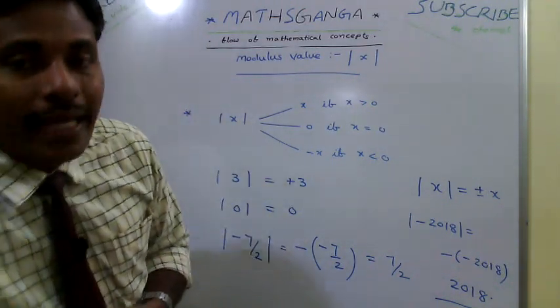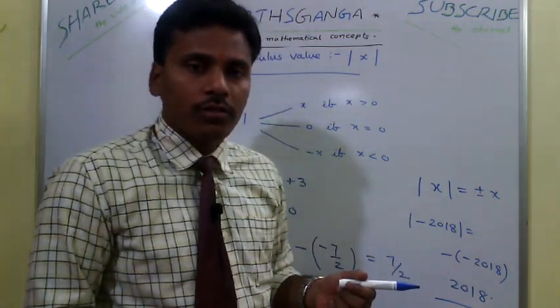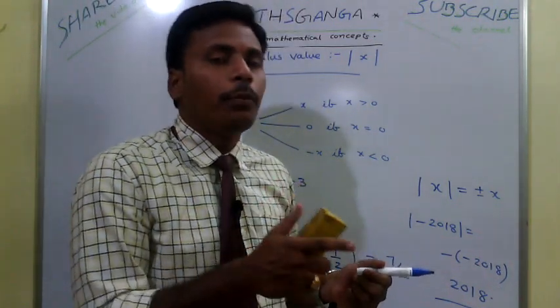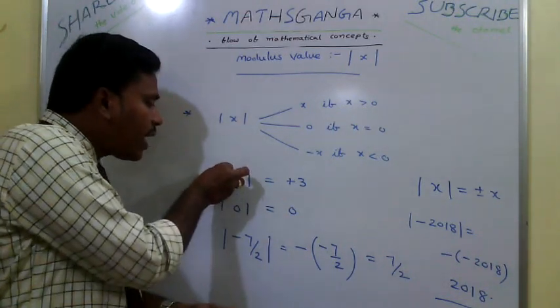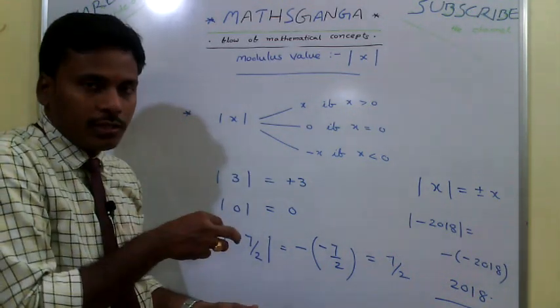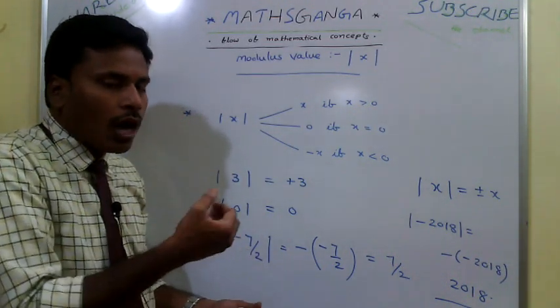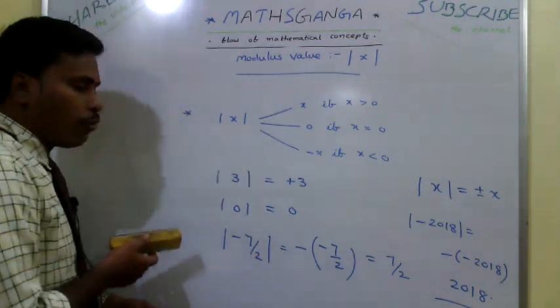So while calculating modulus or while removing modulus from problems, we need to concentrate on the input, that means the expression or the number which is in the modulus. If that number in the modulus is positive, our result is directly plus of that value. Let us see some more examples.